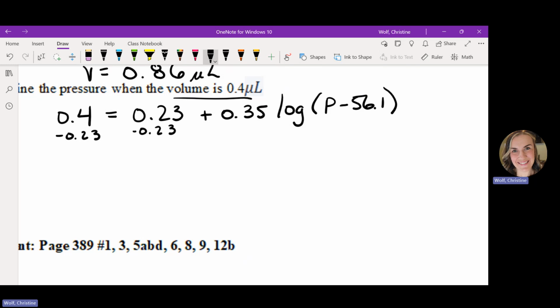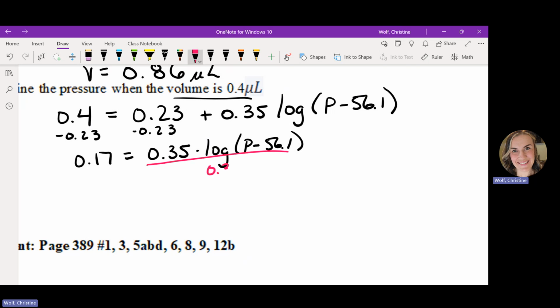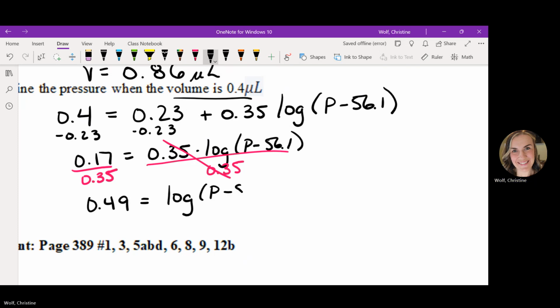So first I'm going to subtract 0.23. I get 0.17. I still have that 0.35 times the log. So to keep isolating P even more, I'm going to divide off that 0.35 that's out front. And my decimal is now 0.49 on the left. And finally, my log is isolated.